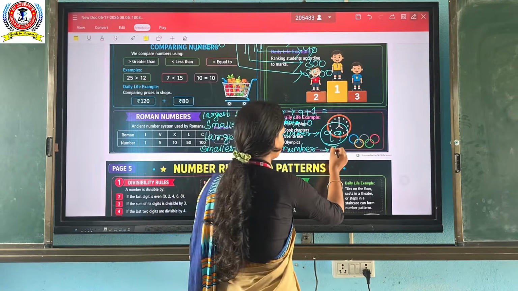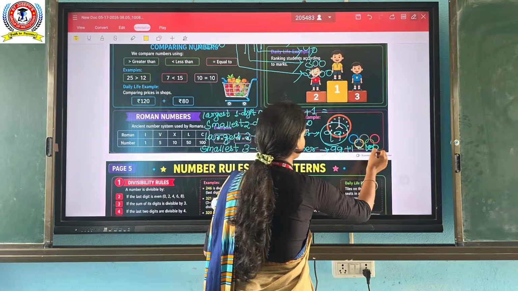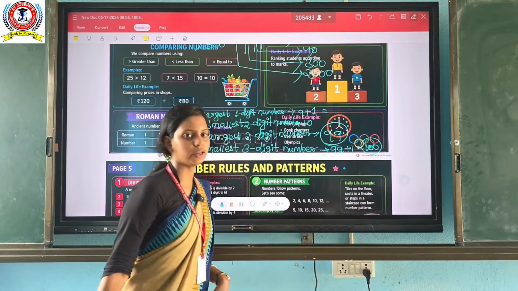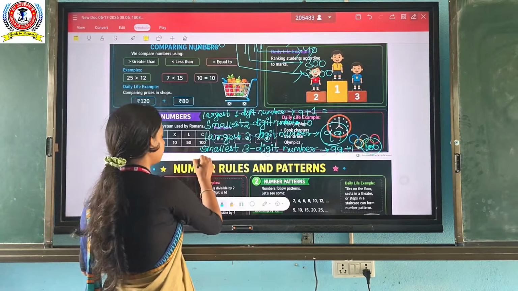Okay, if I add 1 to 99, I get the answer 100. Which one is the smallest three digit number? Then largest.